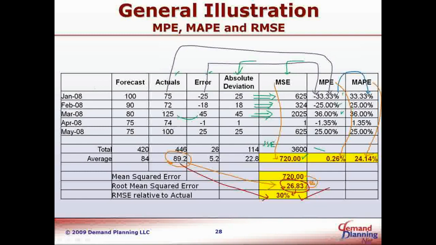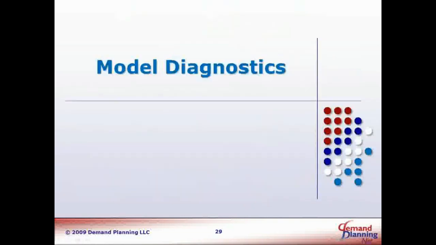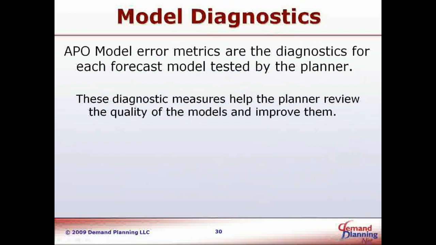So you're saying the average model error for this product is 30%. That 30% is nothing but taking the root mean squared error and dividing by the average demand. So we just say the average root mean squared error is about 27 units, which is about 30% of the monthly demand.